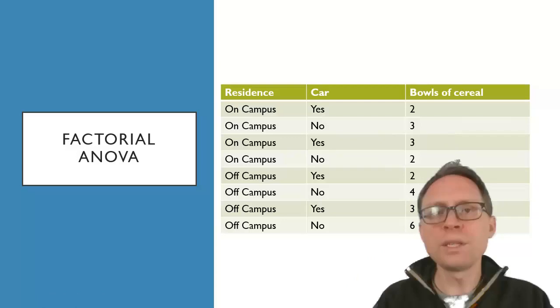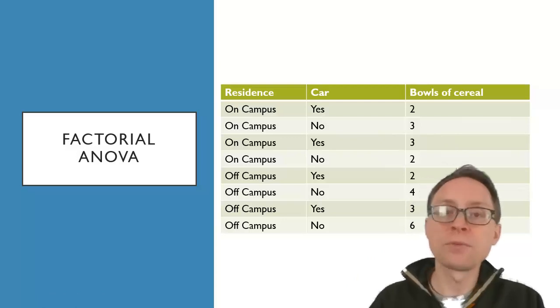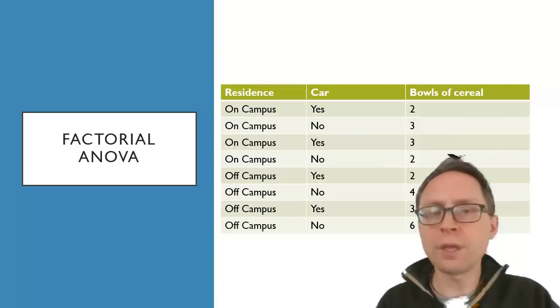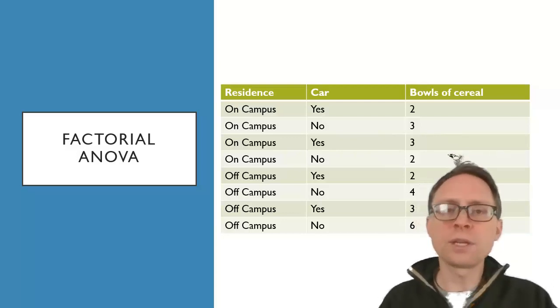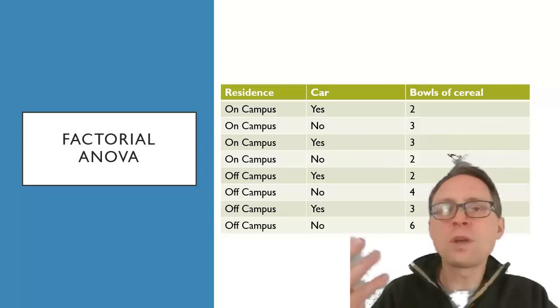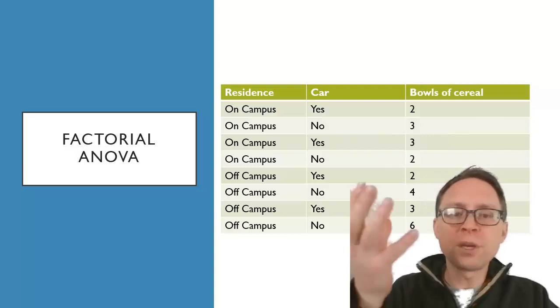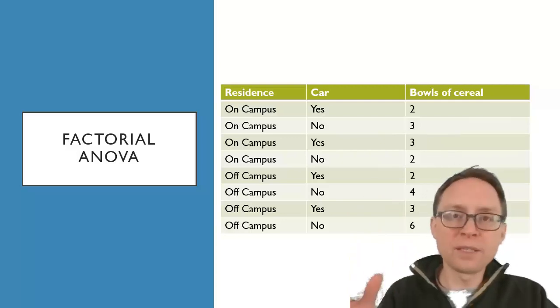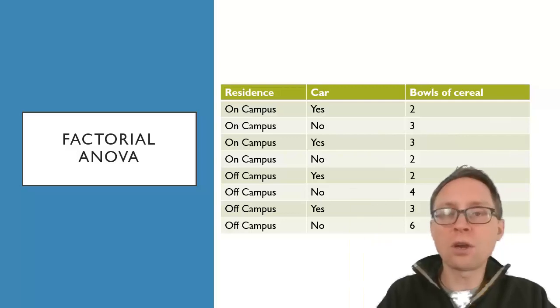All right. We need to talk about something called main effects first, because when I put this into an analysis of variance, I'm going to get several different things. And the first thing it's going to say is, let's assume that you wanted to know, as if it was a t-test, the difference between on campus and off campus, right? Or let's assume, like an independent samples t-test, you want to know yes car or no car, which one you would do, right?